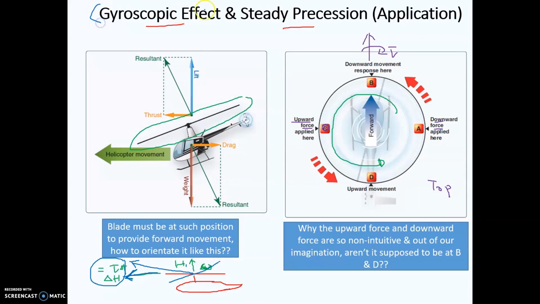By understanding the gyroscopic effect as well as the steady precession effect, you learn how to properly apply the torque in order to control the position of the blade. Without an understanding of this, we can't design a proper mechanism to control the helicopter.